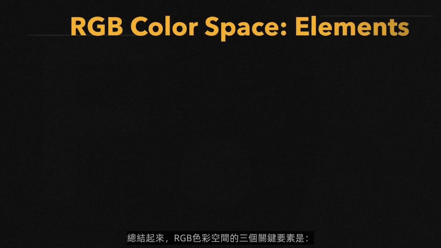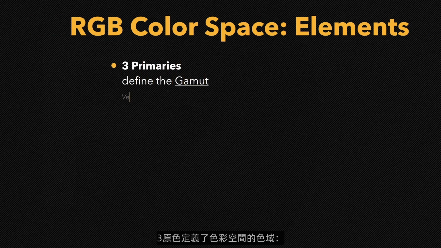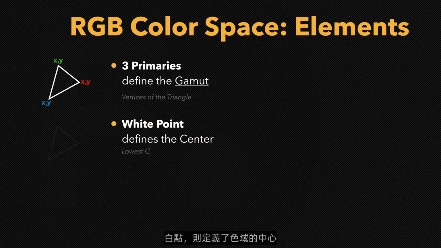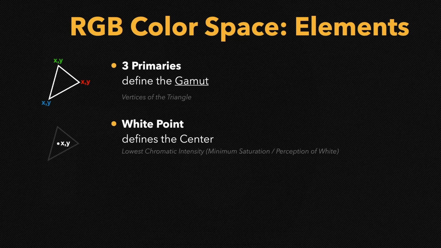In conclusion, the 3 key elements of the RGB color space are 3 primaries to define the color gamut of the color space, the vertices of the triangle. The white point that defines the center of the gamut, the point with the lowest chromatic intensity, the minimum saturation, or simply what we perceive as white.